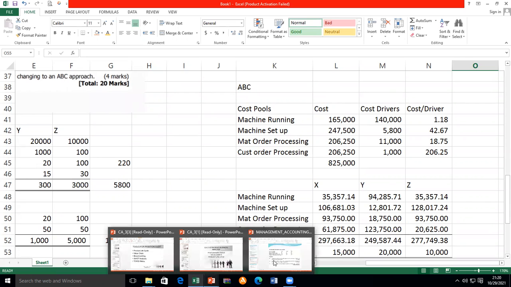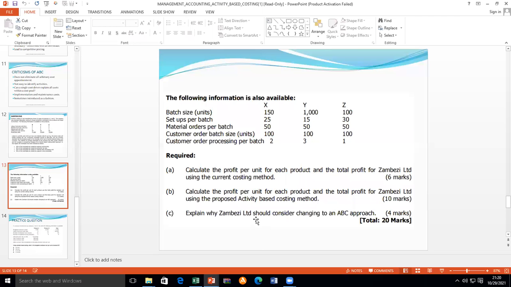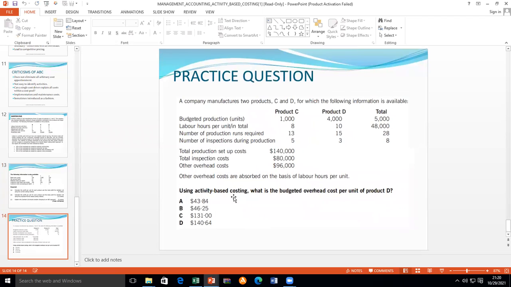Do I have work for you? Yes. I've got this little question here. Using activity-based costing, what's the budget overhead cost per unit of product B? Charles, I'm sure you're quite interested in this question, isn't it? Charles and Belton. Yes, indeed. This is your question.